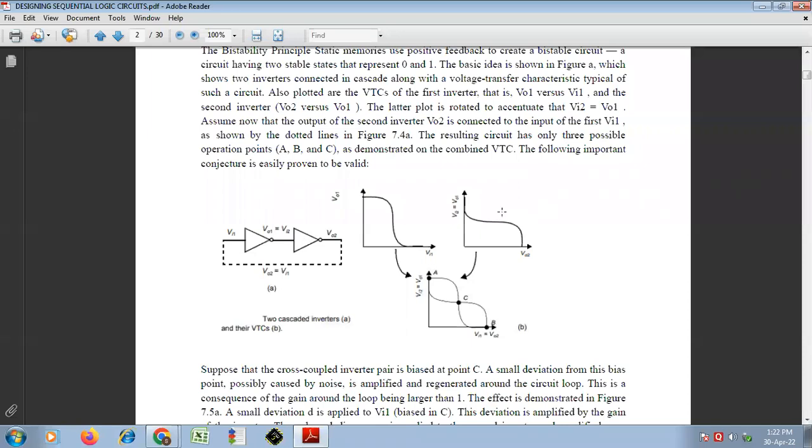So you can consider any graph. Now tell me, in a normal VTC curve of a CMOS inverter, how many operating regions do we have?